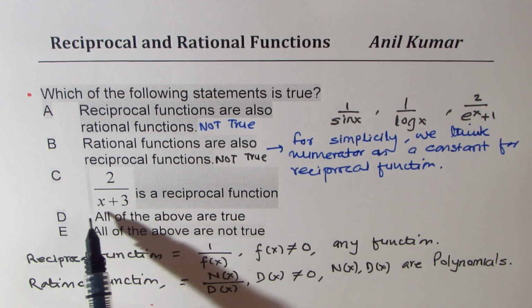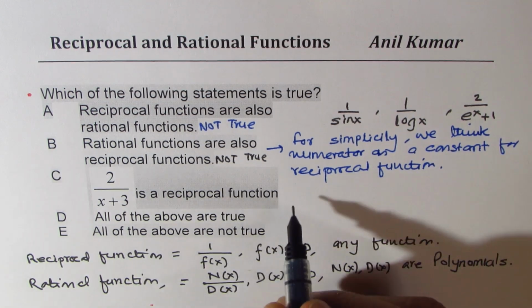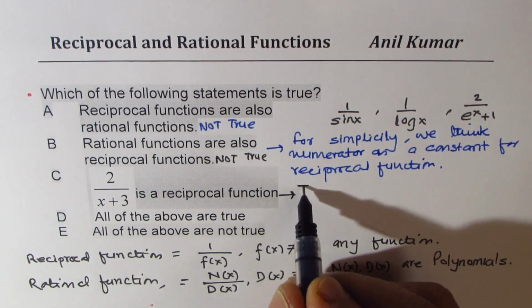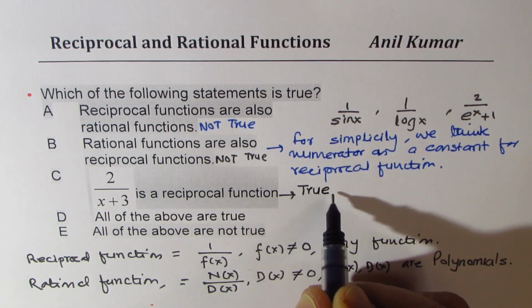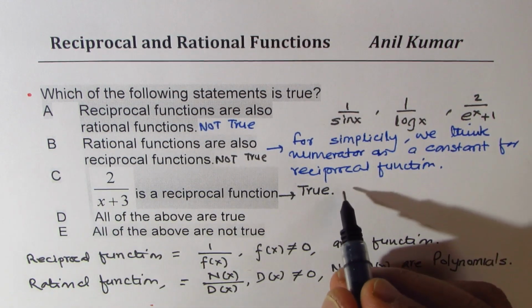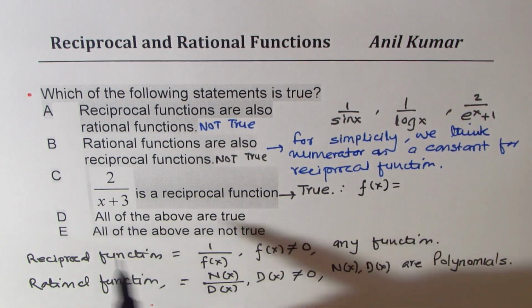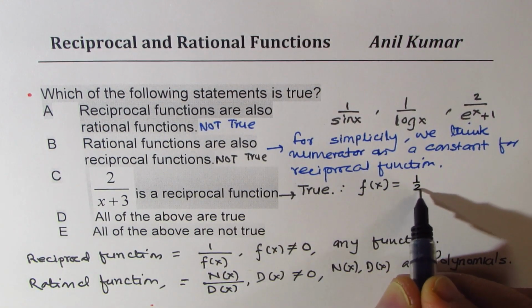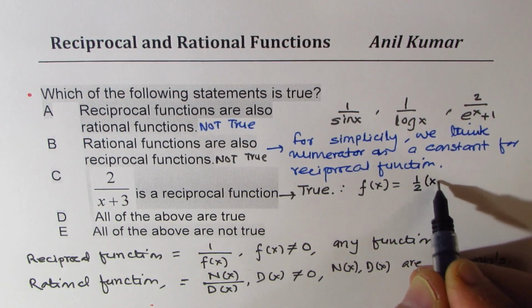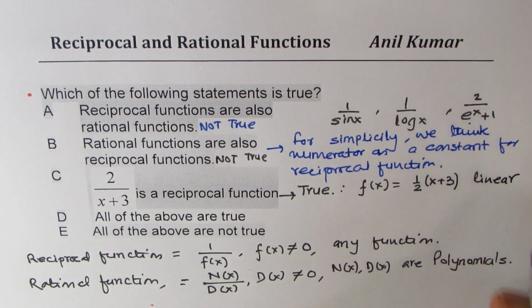C, 2 over x plus 3 is a reciprocal function. Now we treat this as true. Now what do we see x plus 3 as? Now the function here basically is half of x plus 3. It's linear. Do you see that part?